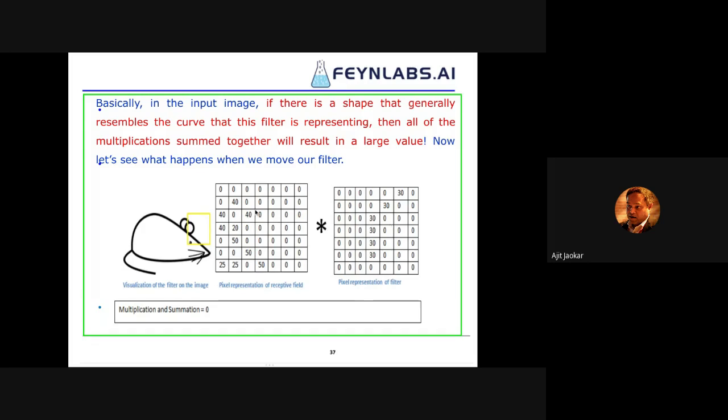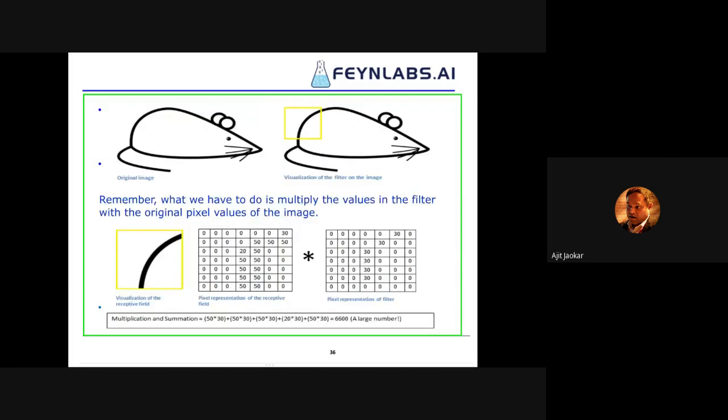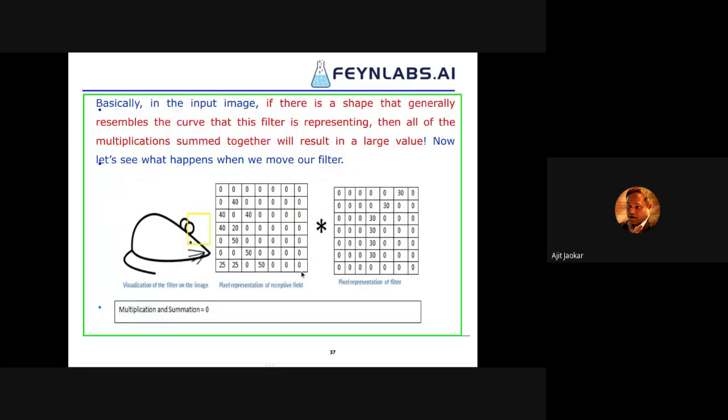So when I multiply these numbers like I did last time, I got a bigger number, but when I multiply these numbers here, I get a zero. That means it shows you that this particular feature is absent at that part of the image.